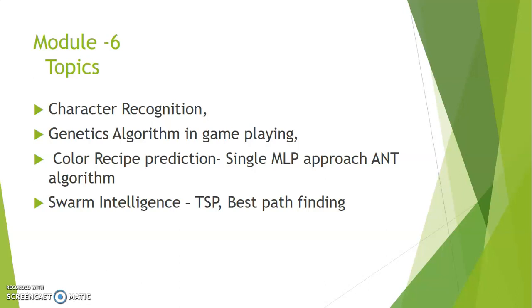Now we know that we always have different games which are to be played online. That is, one person is a human being, and the second person is the system in which we are going to work.